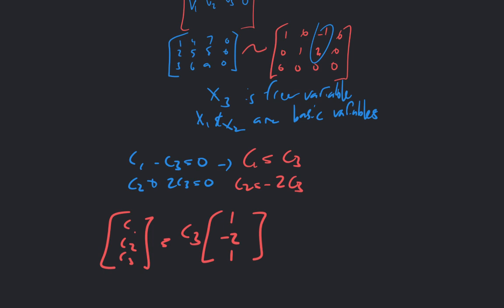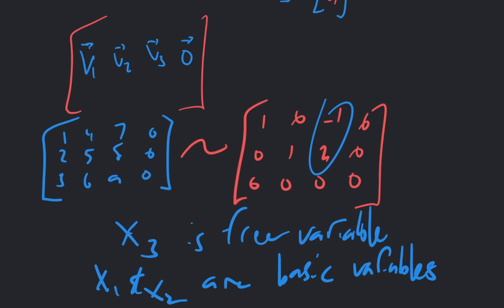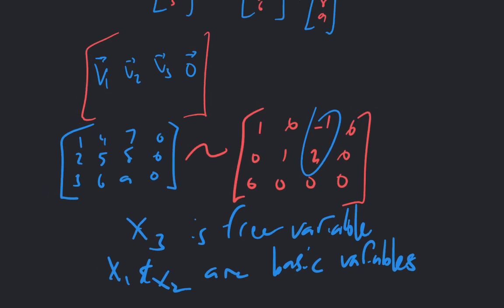But the main thing when looking at linear independence is we go to the row reduced echelon form and we look at the pivot columns. We have two pivots, but we're in R3, so it must be linearly dependent.